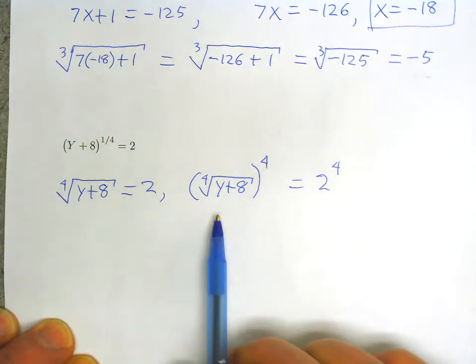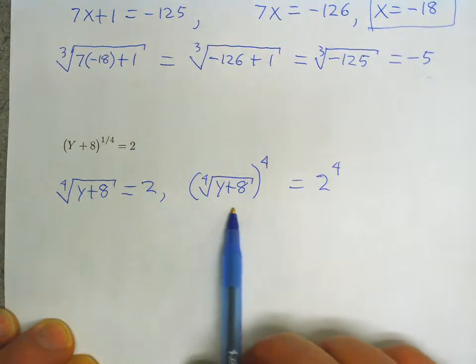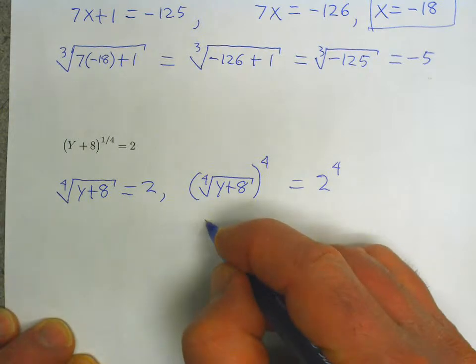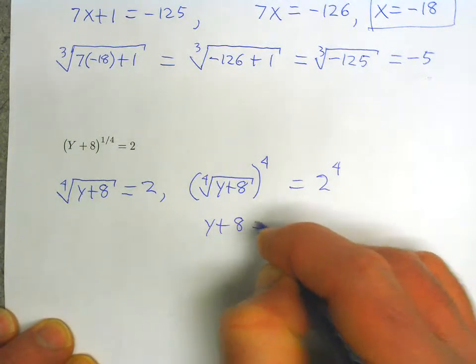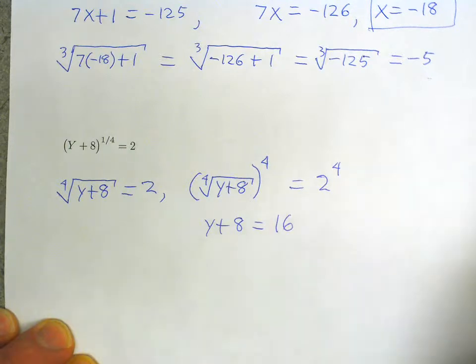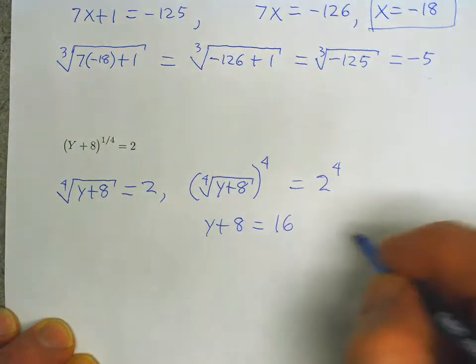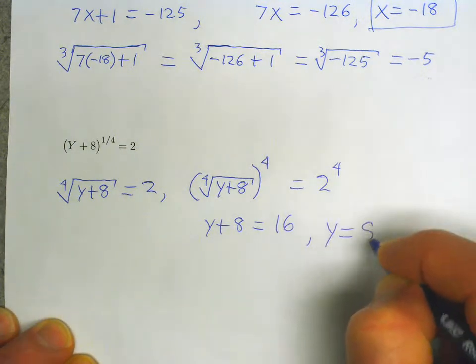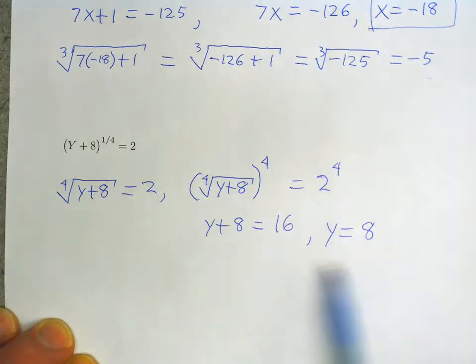And the fourth root of y + 8 to the fourth is y + 8. 2 to the 4th is 16. 2 times 2 times 2 times 2 is 16. And so y equals 8. 16 minus 8 is 8.